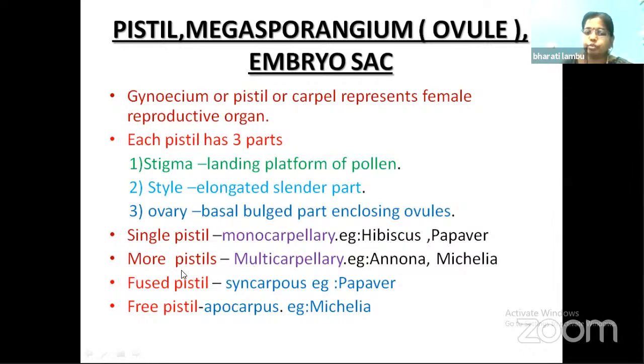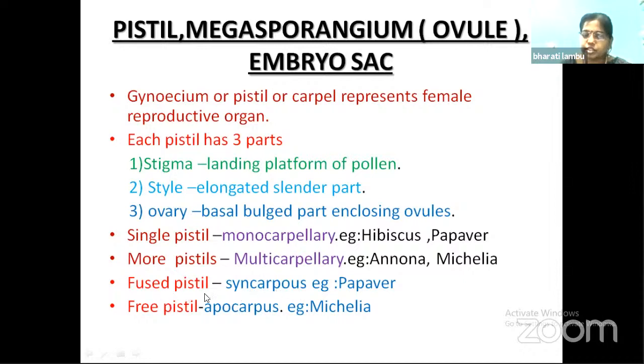And if more pistils are present, it is called multicarpellary. Examples for this are annona and michelia. If many pistils are present, they may be free, they may be fused. If the pistils are fused together, it is called syncarpous.